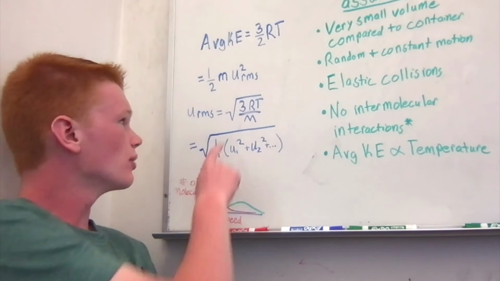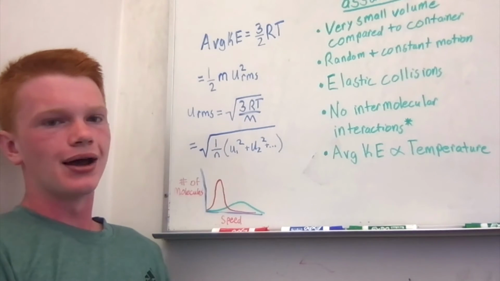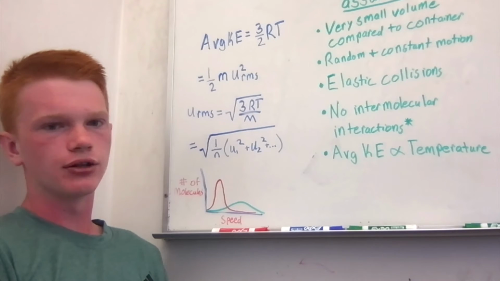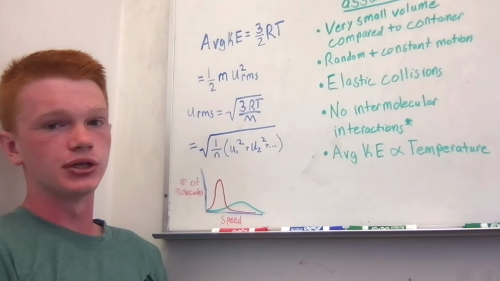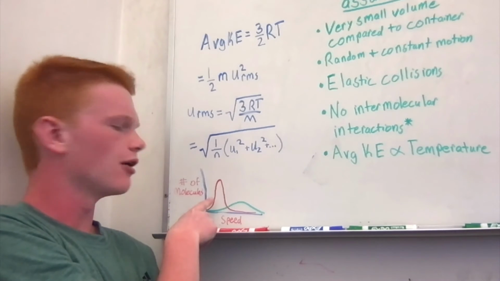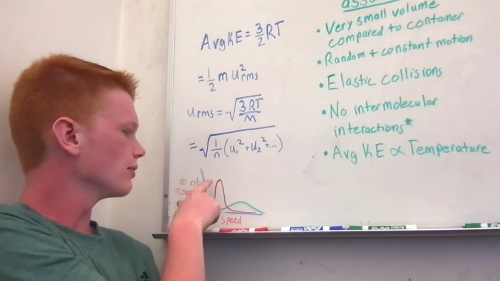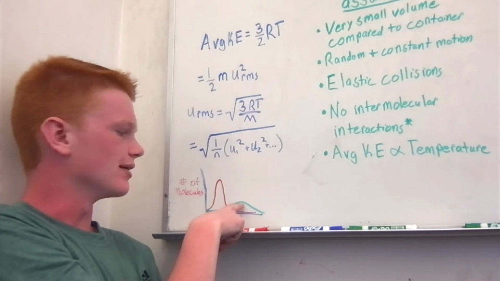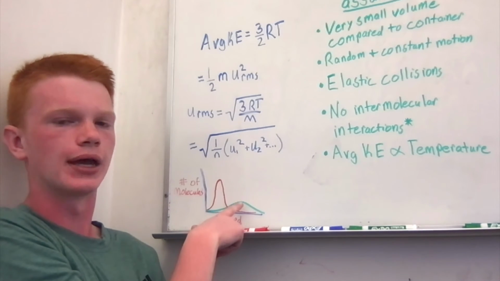So this equation also implies that when you have a higher molar mass in kilograms per mole, you have a lower root mean square speed. So imagine that this is a heavier gas like O2, the red, and think that this green line is H2, a much lighter gas.